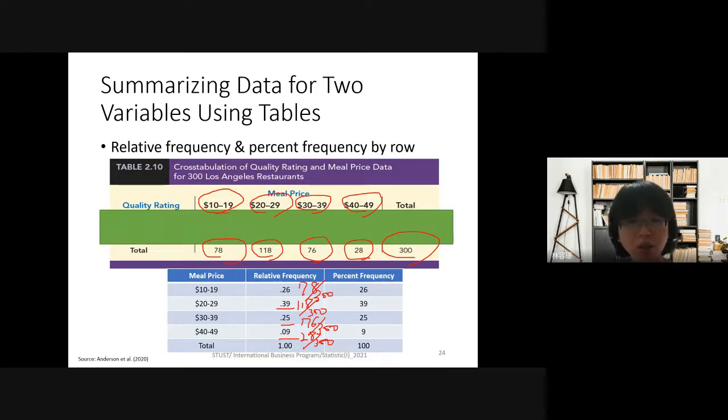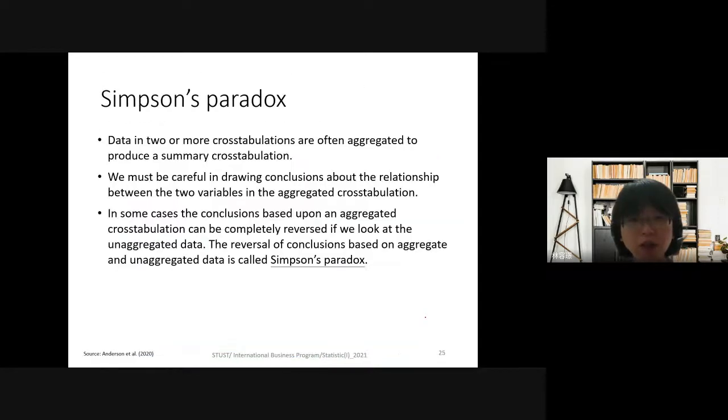So the total is still 1. And if you multiply by 100, you will get the percent frequency again. So this is the data you can analyze from the cross table.